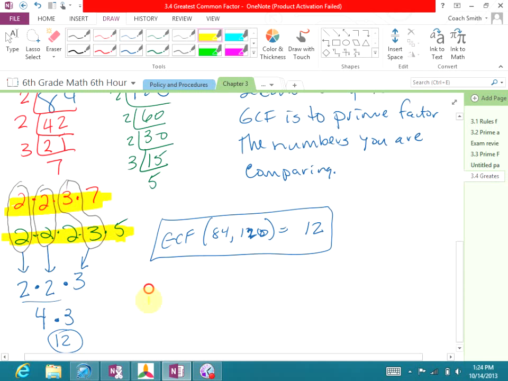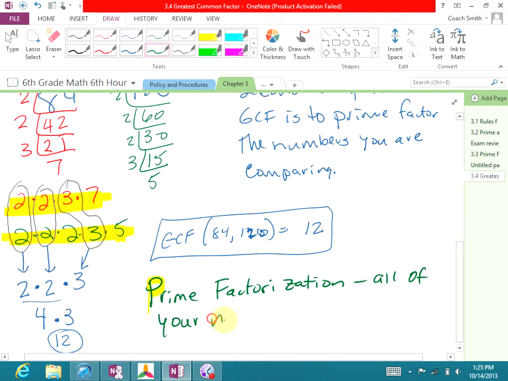Please remember that when we're talking about prime factorization, all of your numbers must be prime. Okay? So I can't have 2 times 4 times 6. Those aren't, 4 and 6 are not prime.